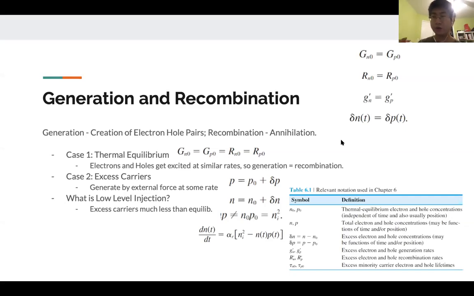So if most of the carriers are holes in the valence band, because we have acceptors, then the Fermi level will go lower, right? And if we have electrons in the conduction band from adding a donor, then the Fermi energy will be higher than the intrinsic, right? And this is constant with respect to time, right? Because in that case, we're talking about thermal equilibrium.